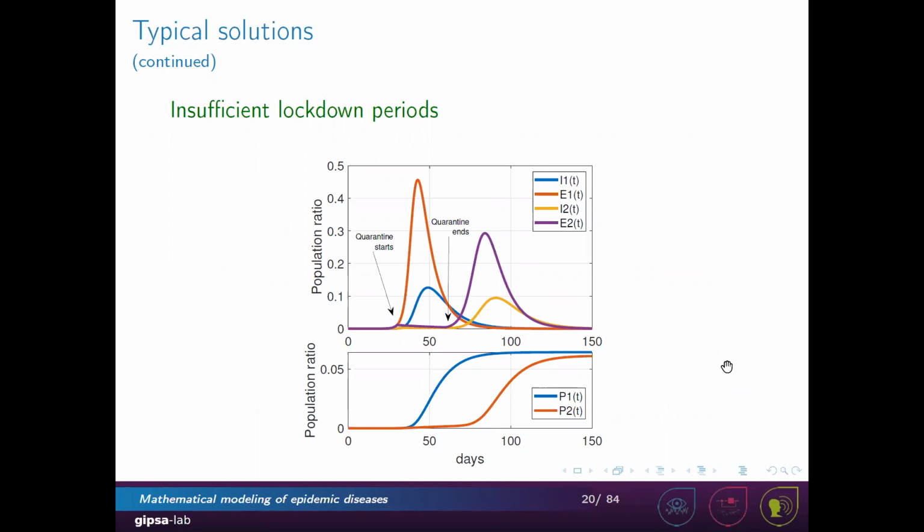The second case study is to study the effect of insufficient lockdown periods. I1 and E1 represent the fraction of people infected and exposed without any lockdown.